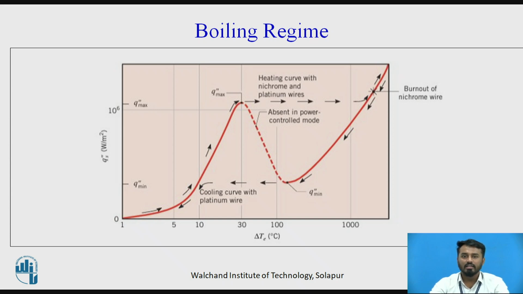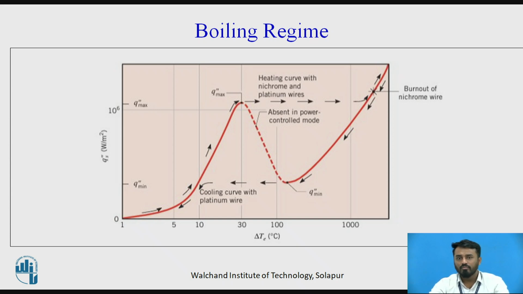After delta T 100, the temperature difference between the nichrome platinum wire and the adjacent fluid particles will be significant. In such cases, it is favorable for radiation to transfer the heat from one point to another. Because of that, the further increase in heat flux is shown.